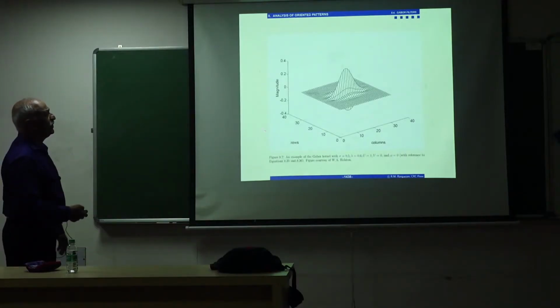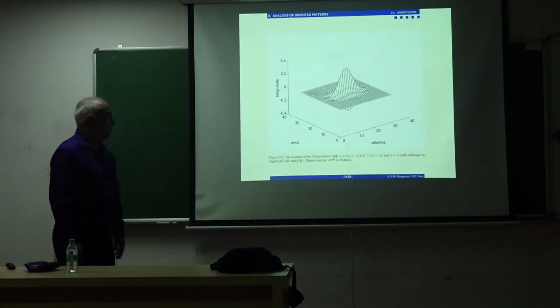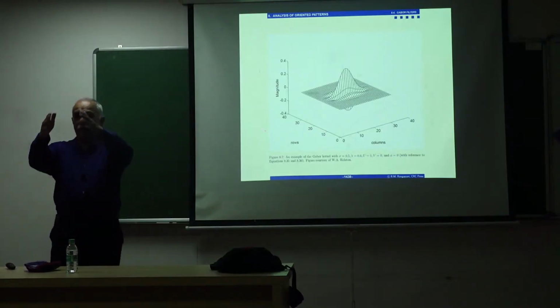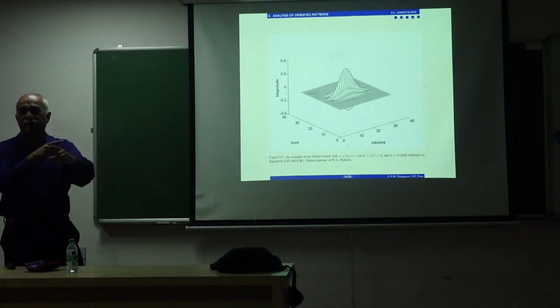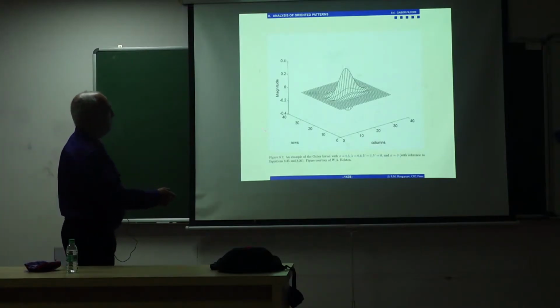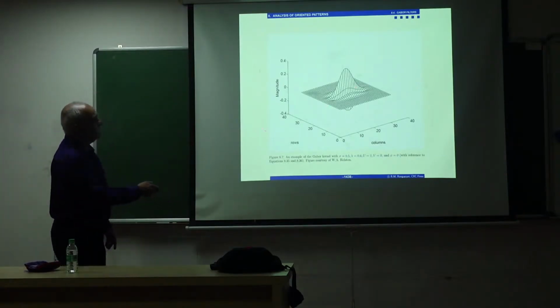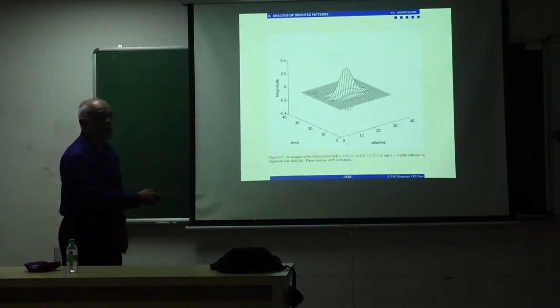So this is what the function looks like as a mesh plot. It is a Gaussian envelope modulated with the sinusoid and in the other direction too, but they are not the same in the two directions. So you can imagine, depending on the rotation, this is broader than the other side, which is implied by this scaling.